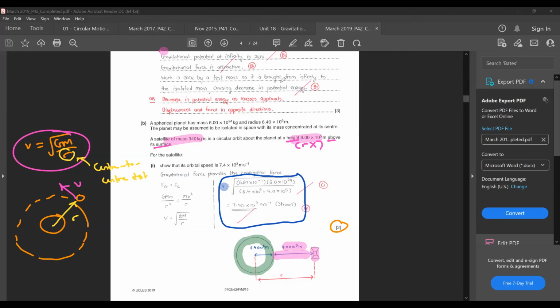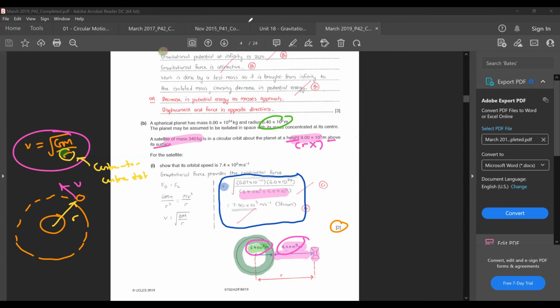So to find it, you have to take into account the radius also. Here they already give you the radius, 6.4 times 10 power 6 meter. So your r must be these two added together. That's why you see the equation for r is these two added. Remember to add them together. That will give you your r.